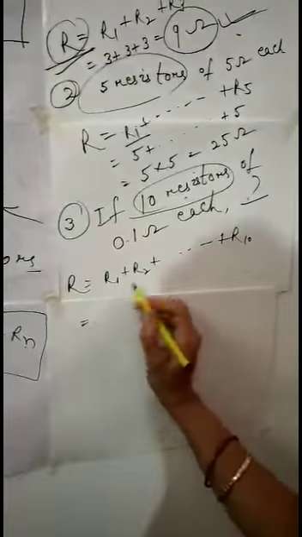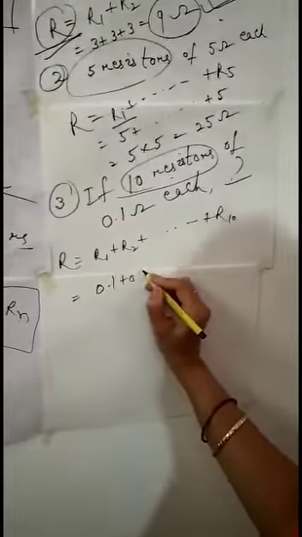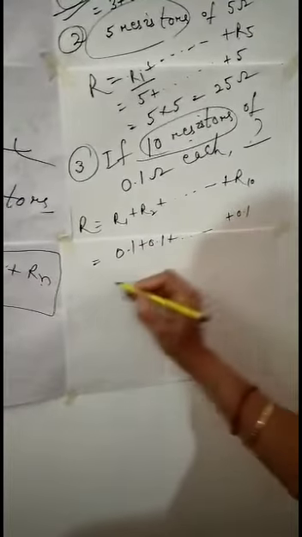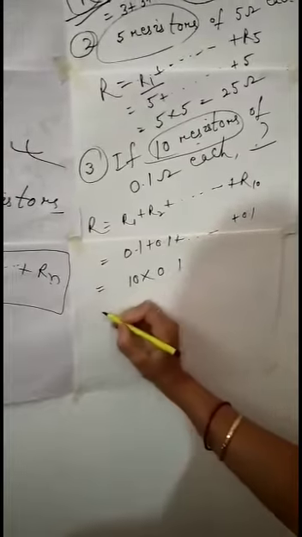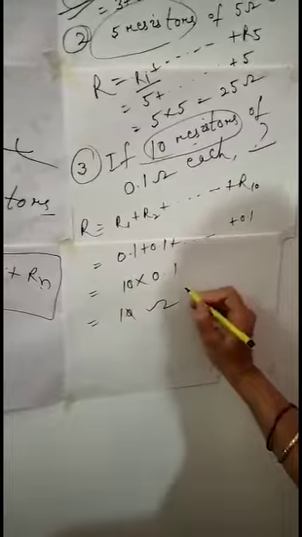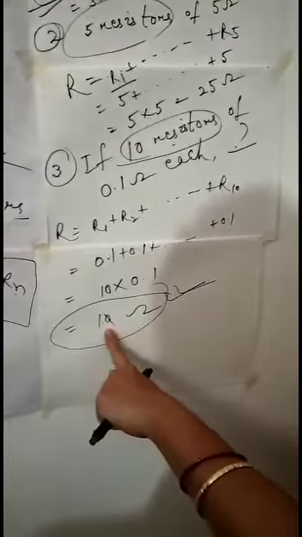Now put the value of individual resistance, which is 0.1. So you have to write 0.1 up to 10 times. That means 10 multiplied by 0.1, which is equal to 1 ohm. So in this case, the value of the resultant resistance is 1 ohm.